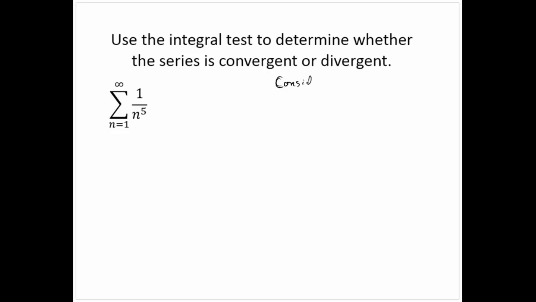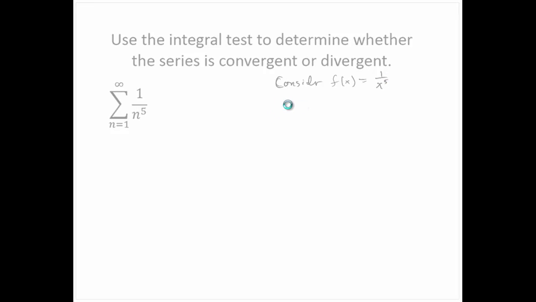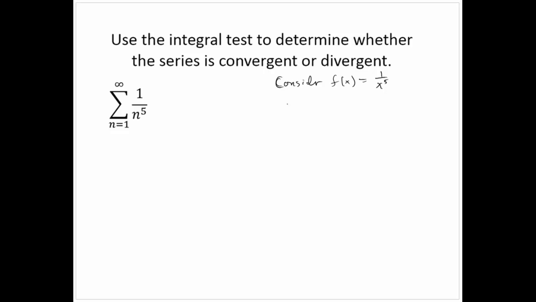Let's consider f of x equals 1 over x to the fifth, and we will note that it is positive, decreasing, and continuous.